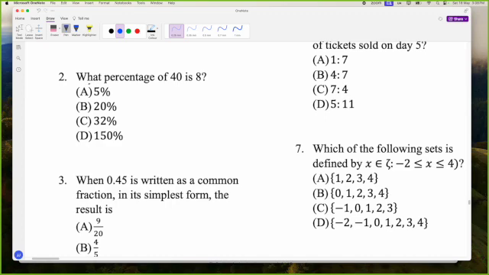No, they're asking you what percentage of 40 is 8? So x over 10 is equal to 8 divided by 4, which is 2, and then throw the 10 across to get x is equal to 10 multiplied by 2, which is 20%.